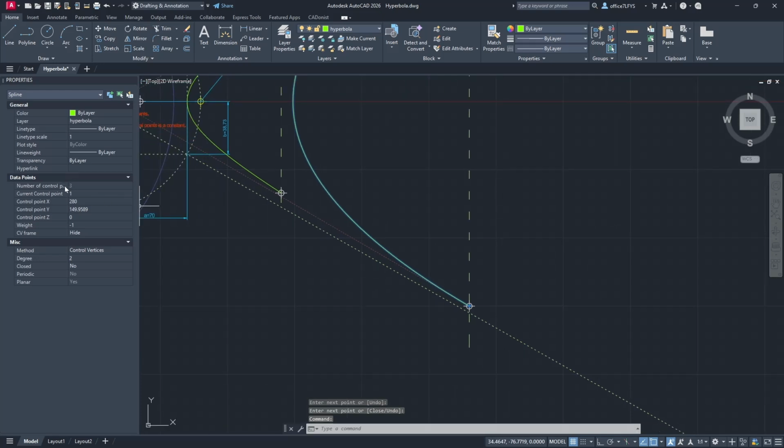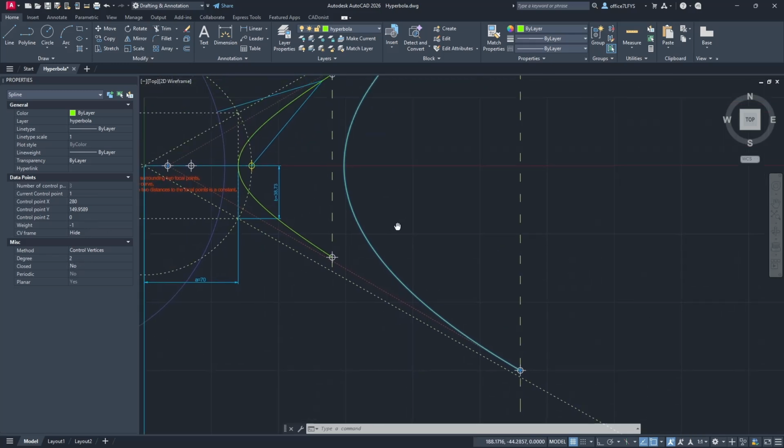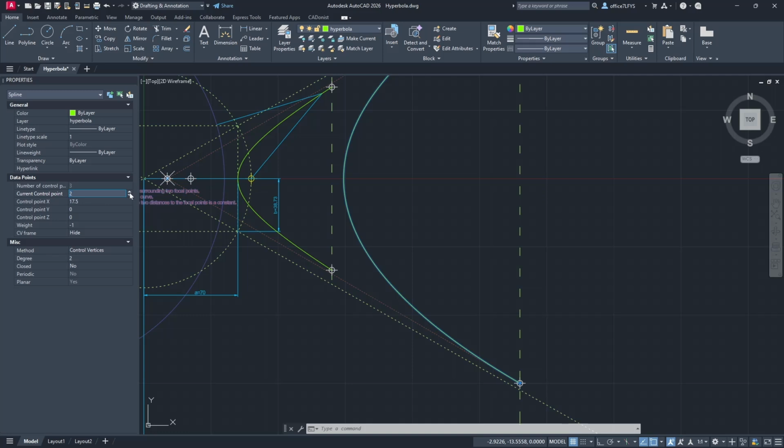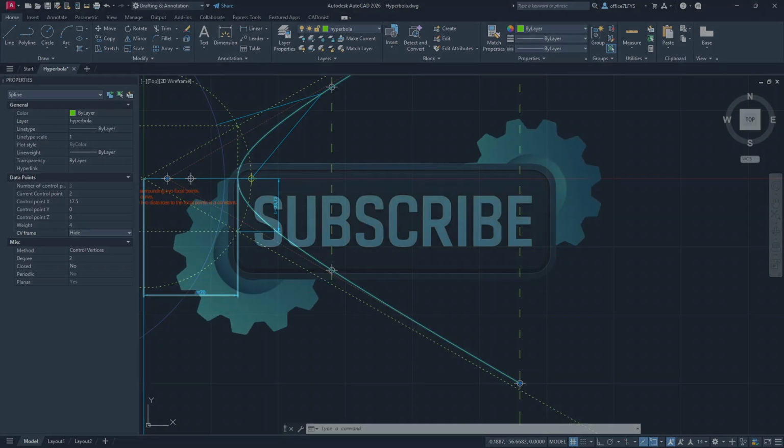The number of control points is 3. The polynomial degree is 2. When we set the weight of the second control point to 4, both hyperbolas match perfectly. Math makes it possible, AutoCAD makes it visible.